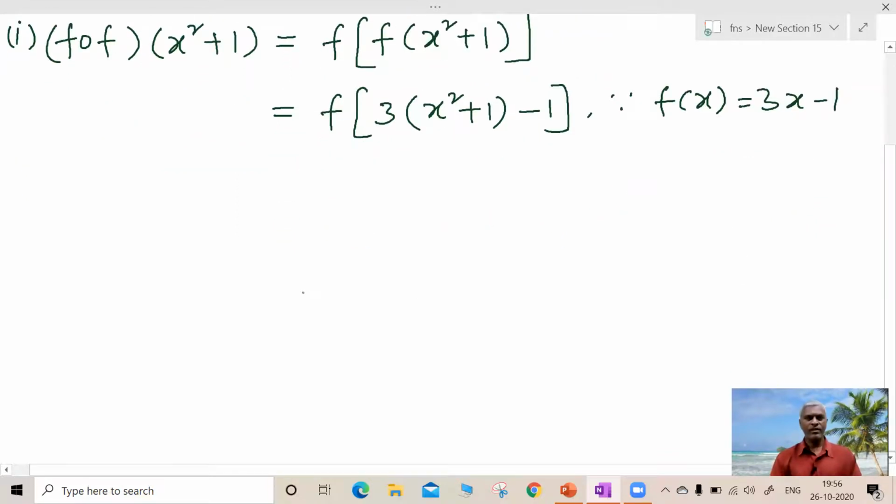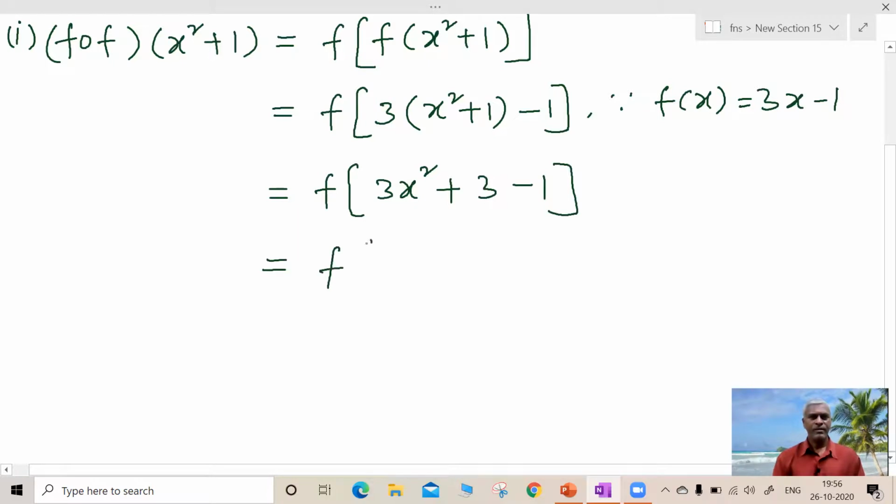And simplifying, 3 into x square, 3 into 1 and minus 1. So further this will give 3x square, 3 minus 1 plus 2.